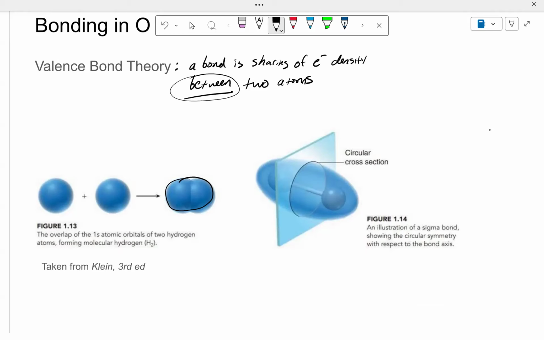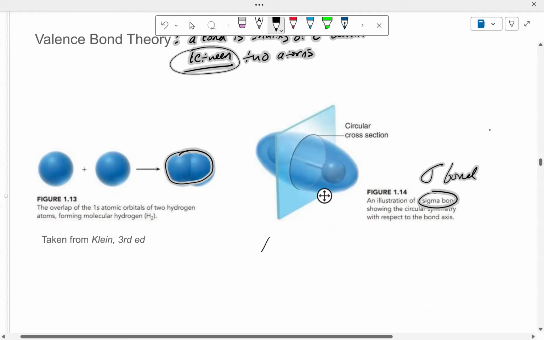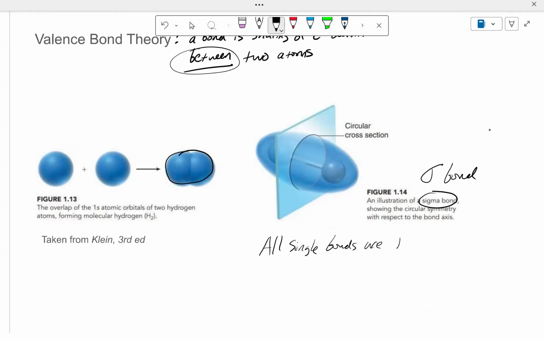This forms what is known as a sigma bond. We'll use the Greek letter sigma to denote that. I'll go a little deeper about what a sigma bond actually is, but the simple thing to remember is that all single bonds are sigma bonds.